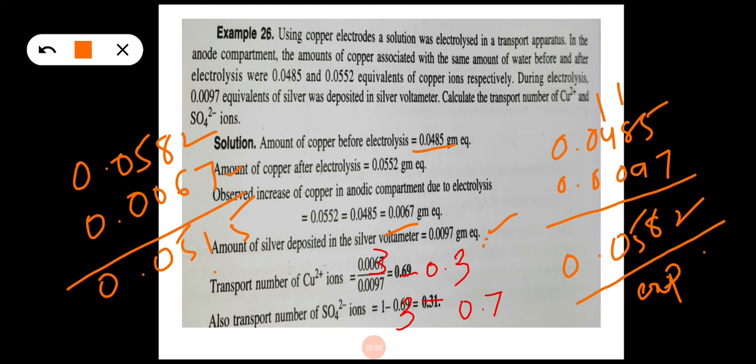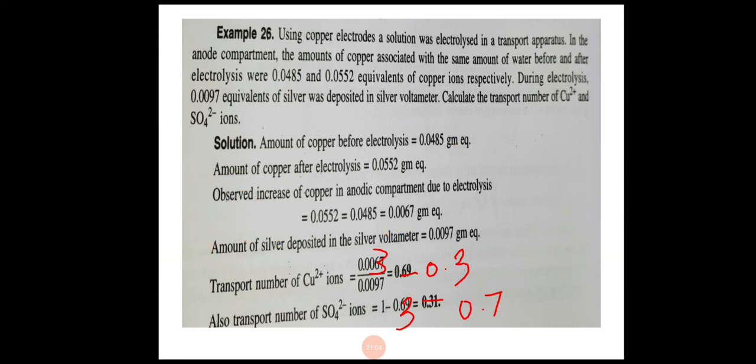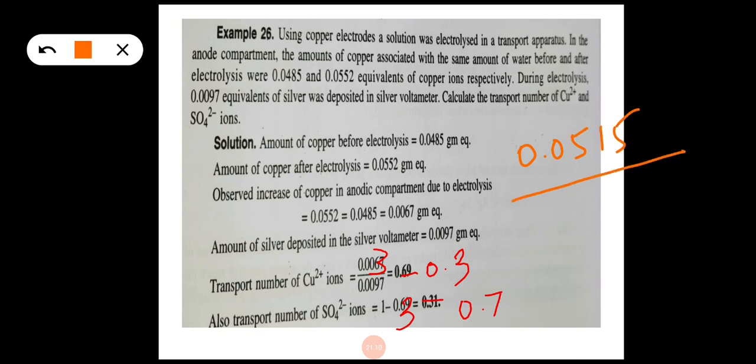This is divided by the total current carried by both the ions, which is 0.0097.